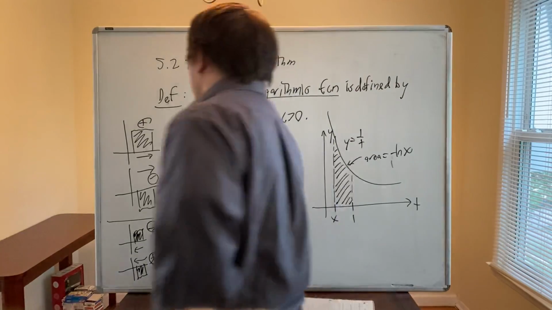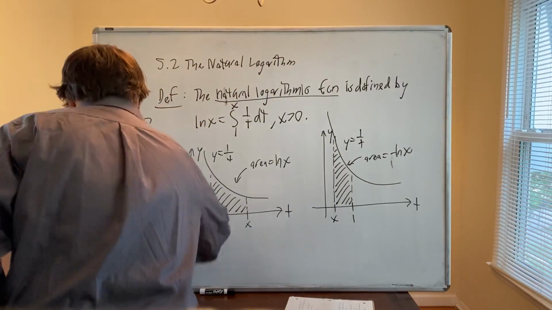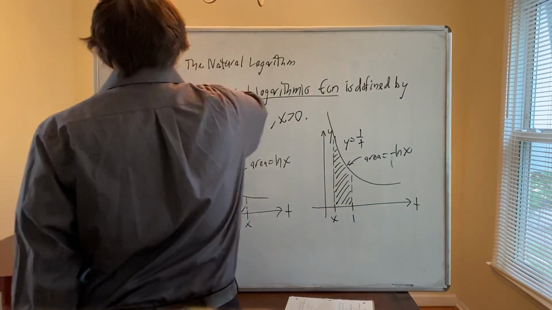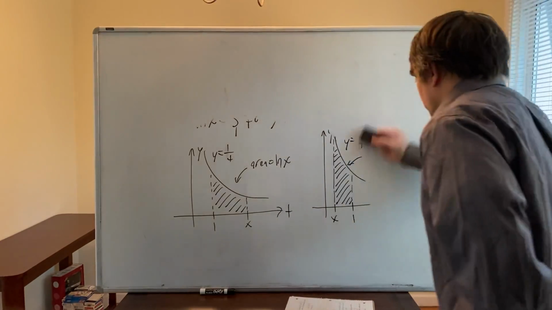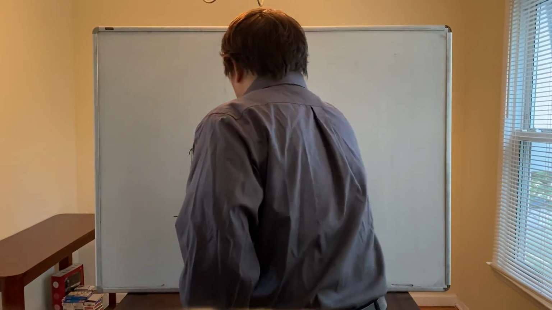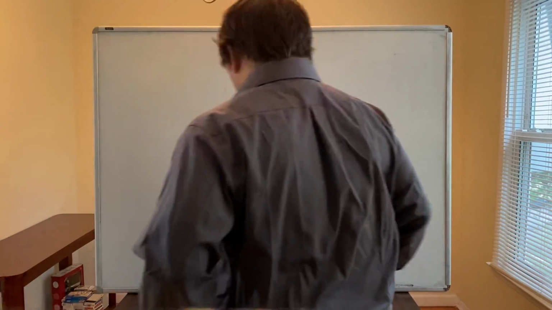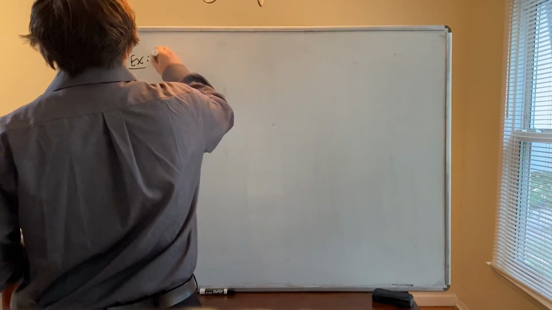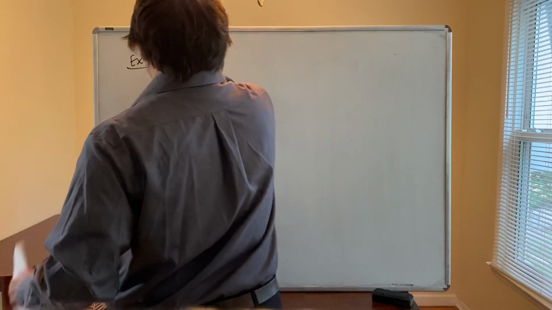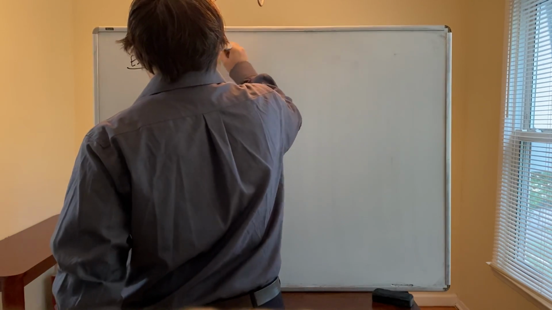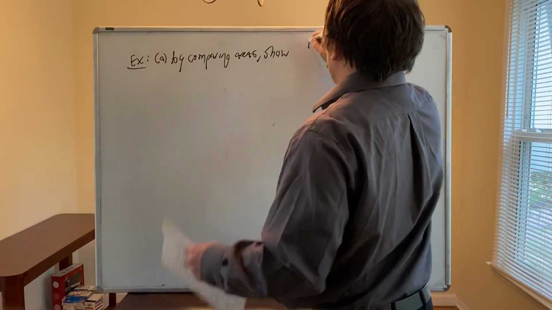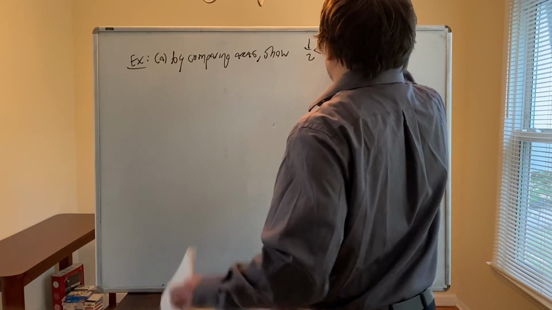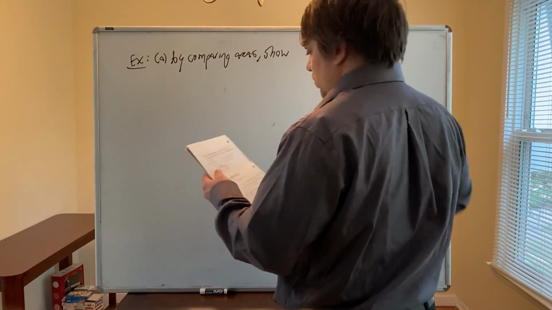Okay, so let's do an example. Example A. By comparing areas, show that 1/2 is less than ln of 2, less than 3/4.